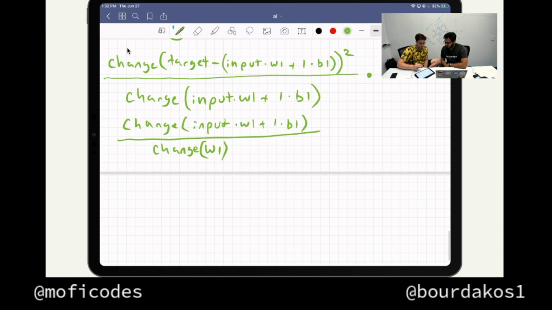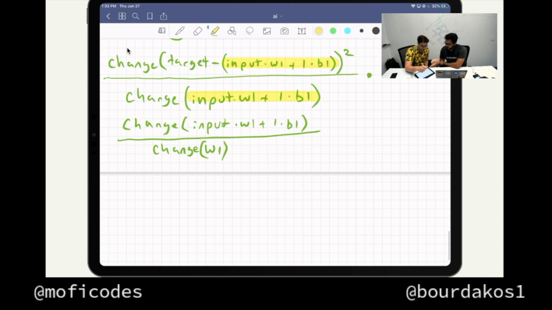Okay, so if we do the change in the cost versus the change in the input, how this works is we substitute this value here into here, and we treat it as x.